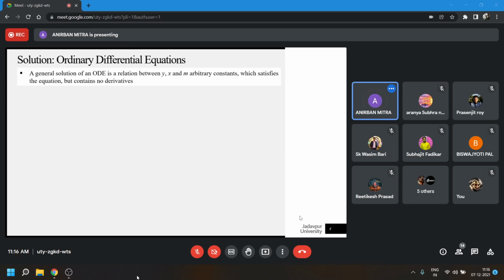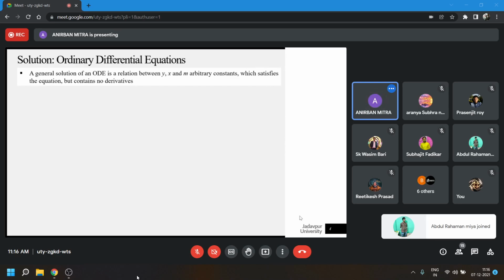But of course, it cannot have any derivatives in it. So we have a general solution of an ODE, which is a relation between y, x, and the arbitrary constants. The number of arbitrary constants would be equal to m. But this relation should not contain any kind of derivatives.